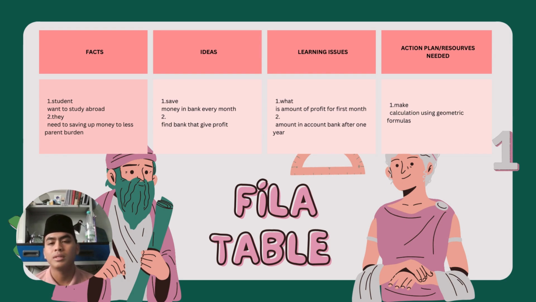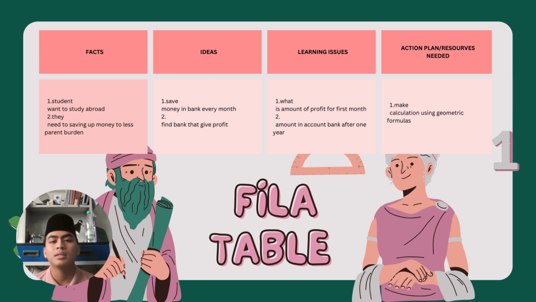The fact of this second question is a student wants to study abroad after they have finished their study, but they need to save up money to lessen their parents' burden. The idea is, first, save money in the bank every month. Second, find a bank that gives profit, because nowadays we have many banks that give a certain amount of profit.